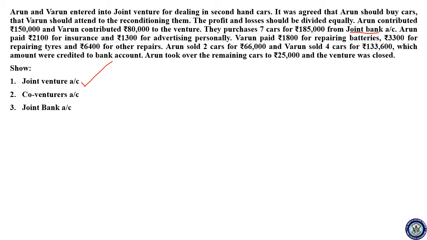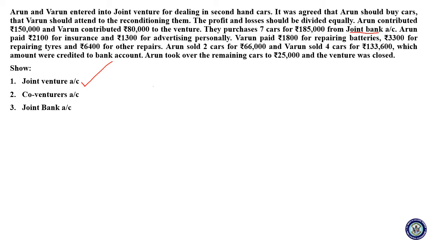If you want to manufacture chocolates, the cocoa you buy is the raw material. If you are a furniture maker, then wood is the raw material, that is the main item. Now you are into the business of dealing in second hand cars, so the second hand car itself is your material, so it should go to the joint venture.